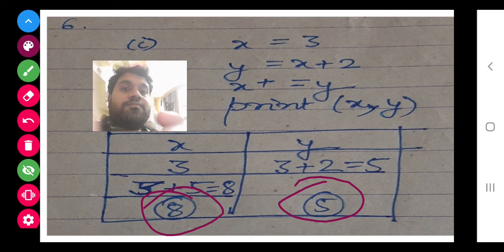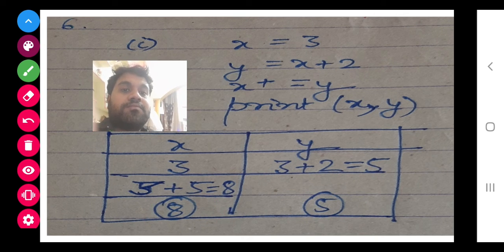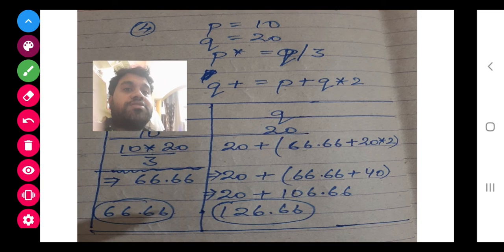Now your next question. This one question I have taken is the fourth part of it. In the fourth question it is given p equals 10, q equals 20, p multiply equals q divided by 3, and q plus equals p plus q multiply 2.